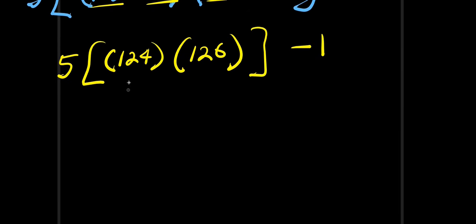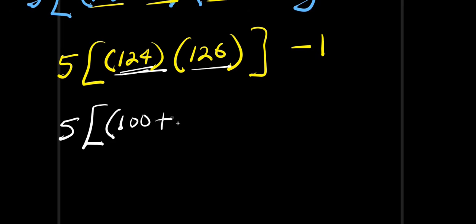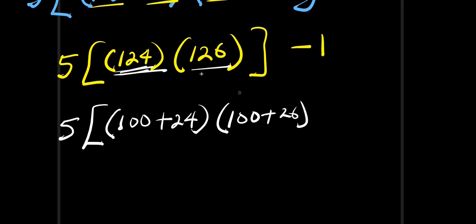So now, what we need to do is to multiply 124 times 126. So this 124 here, I can decide to express it as summation. I have 5 times this is 100 plus 24, which gives me 124, times 100 plus 26, which gives me 126. And this is minus 1.